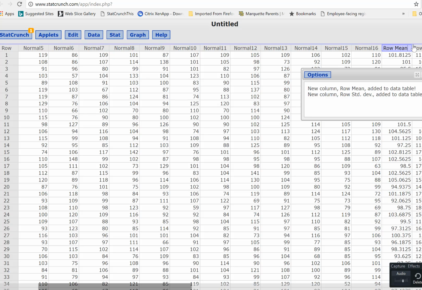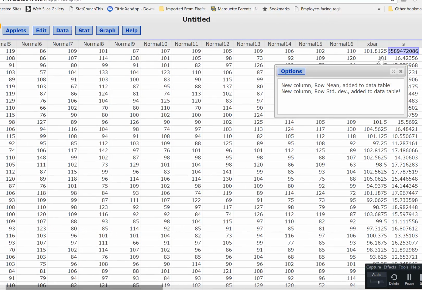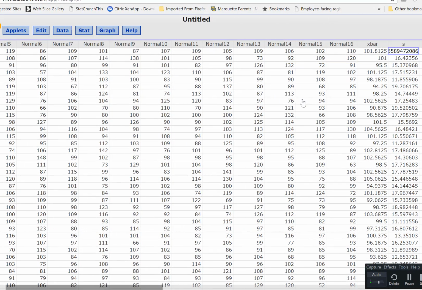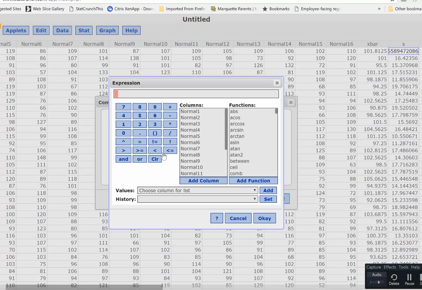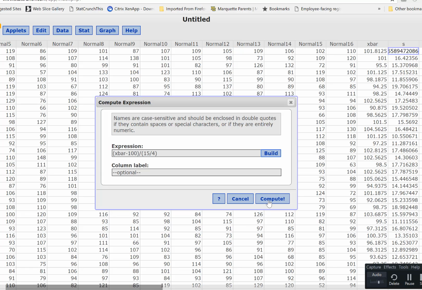So the row mean we call X bar, the row standard deviation is S. For each of the samples, we're going to compute Z and we're going to compute T. Data, compute, expression, build, parenthesis, X bar minus the mean of 100 divided by 15 over the square root of 16, so 15 over 4. That's Z. Compute.